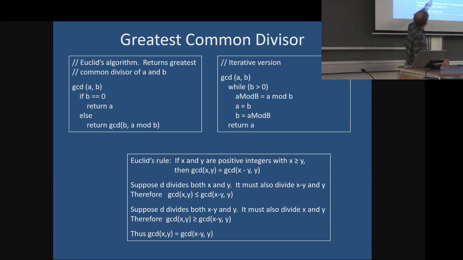Anyway, we've got the inequality going both ways, so we know the GCDs are equal. That justifies the key step in Euclid's algorithm.